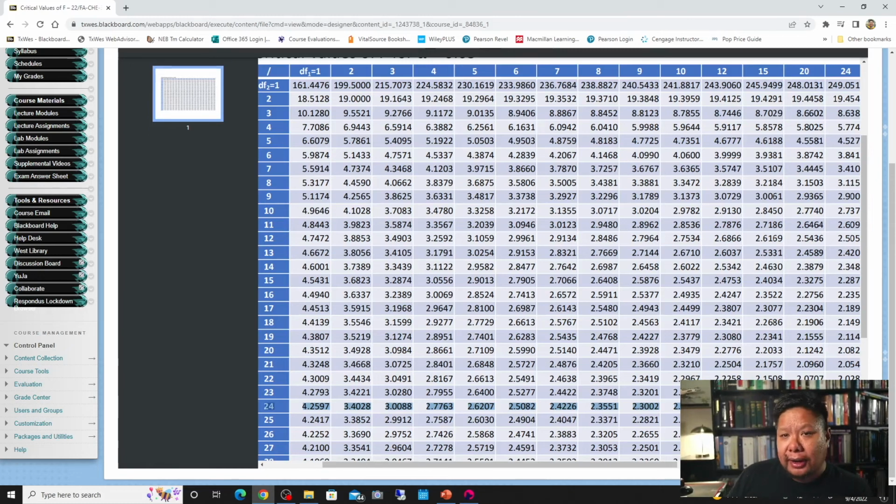The other way to do this calculation to determine whether or not your data sets are statistically different, sorry, I keep on saying significantly different. It's statistically different, or the differences are statistically significant, okay. And so the other way to do it is by using the t-test, right?